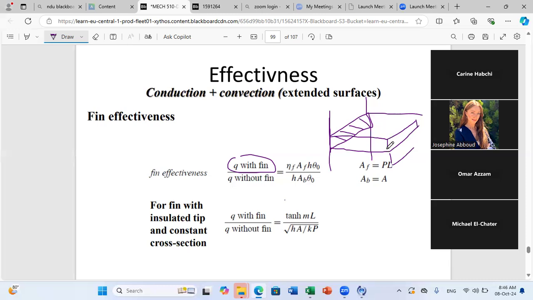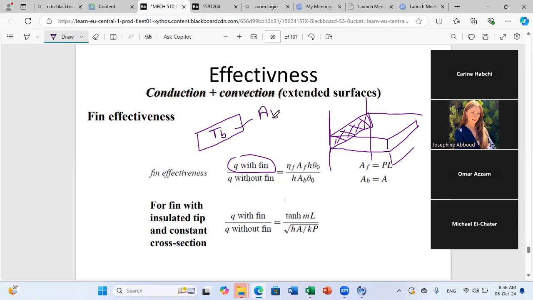So in case I don't have a fin, this area will be directly exposed to T infinity, okay? So imagine that I don't have the fin. This area will be at T base and is characterized by a certain area. I will call it area of the base.